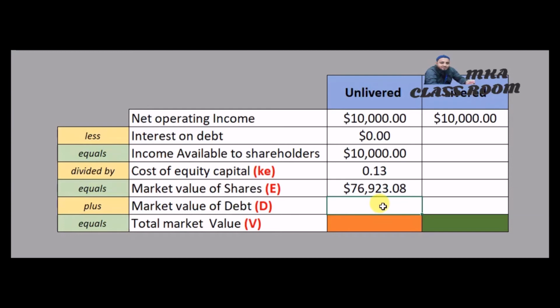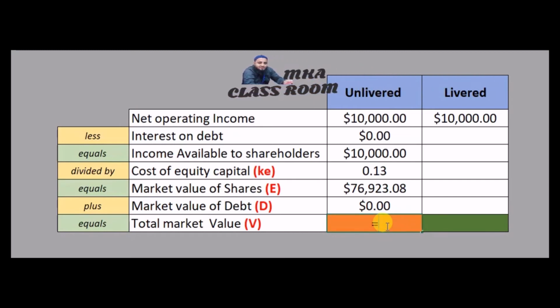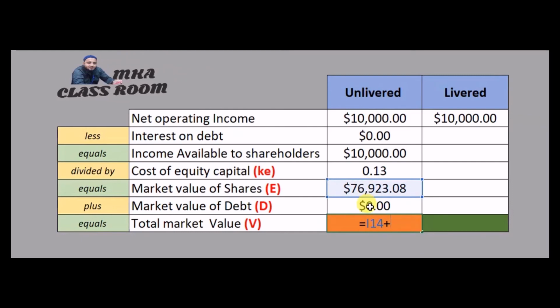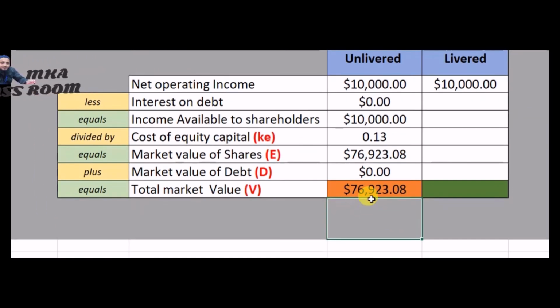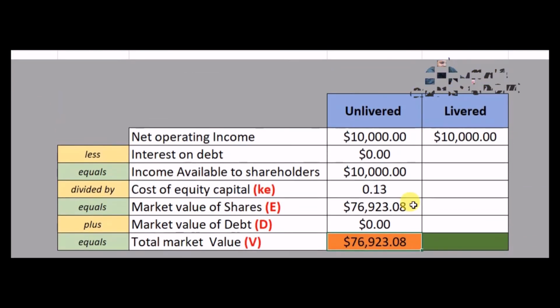Market value of debt is obviously 0, that means this firm has no debt. Then what will happen to its total market value? Total market value is the market value of shares plus market value of debt, that means 76,923.08 taka.